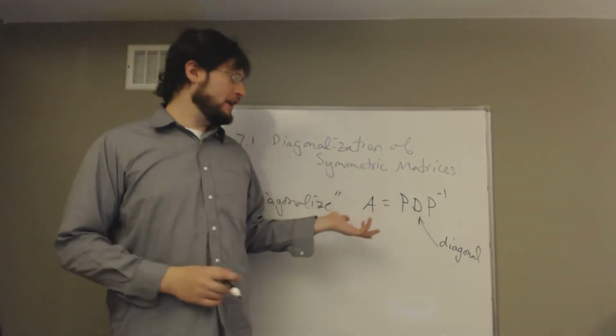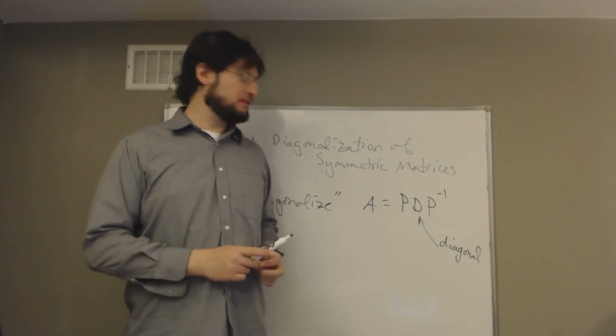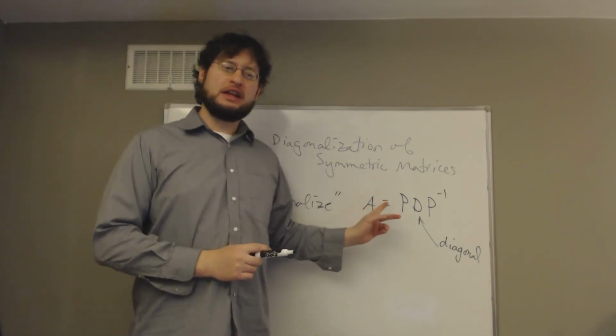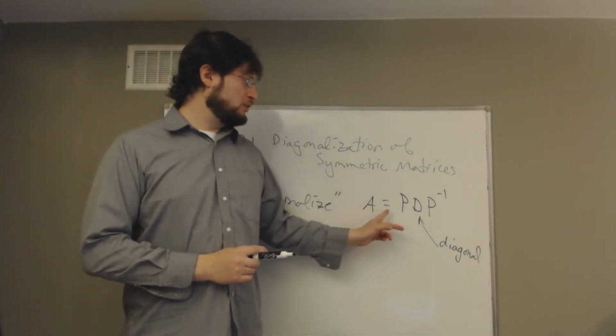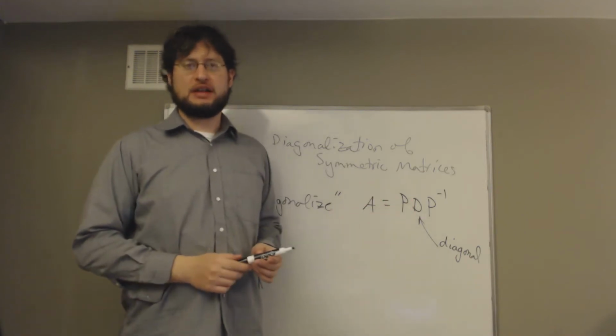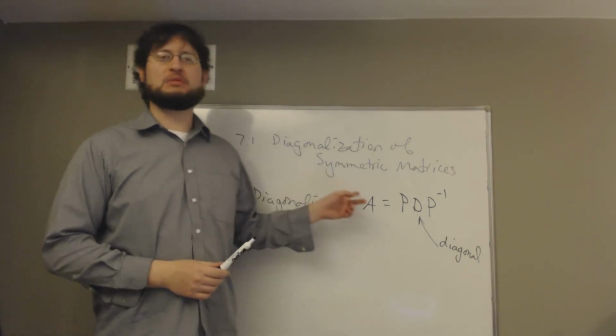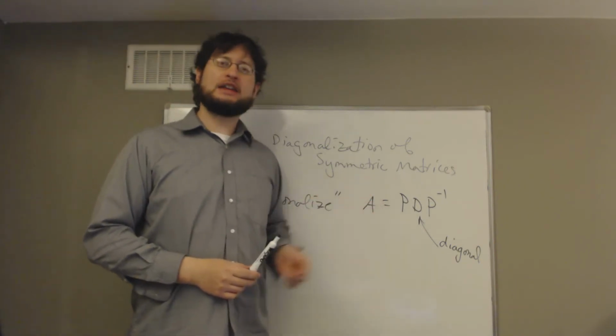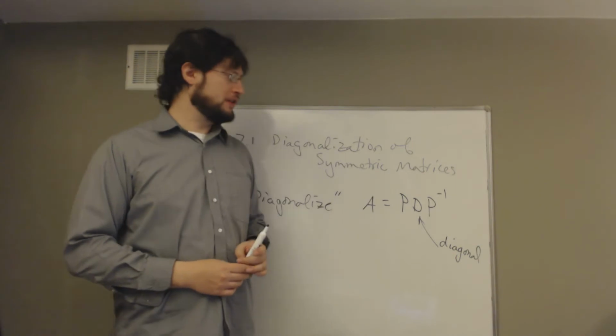Also remember that not every matrix is diagonalizable. What we would need is to have n eigenvectors that are linearly independent. That's what it takes, right? So if A is n by n, we need n different eigenvectors that are linearly independent.